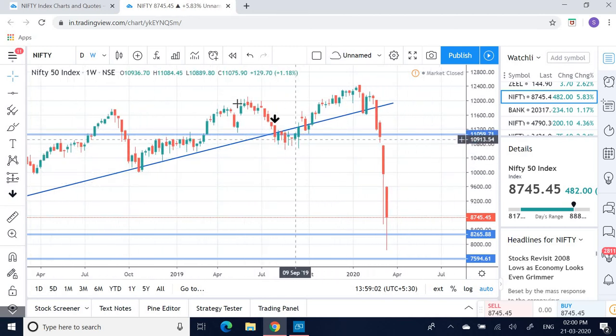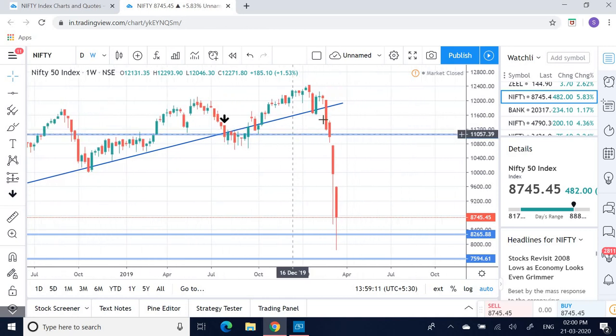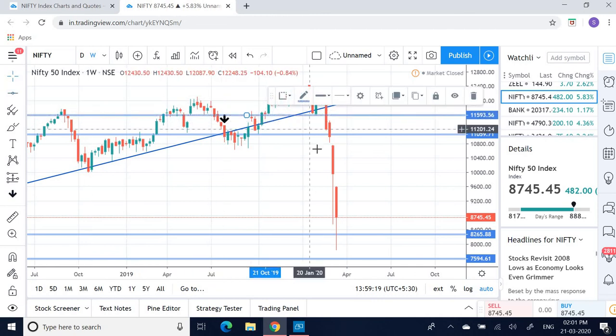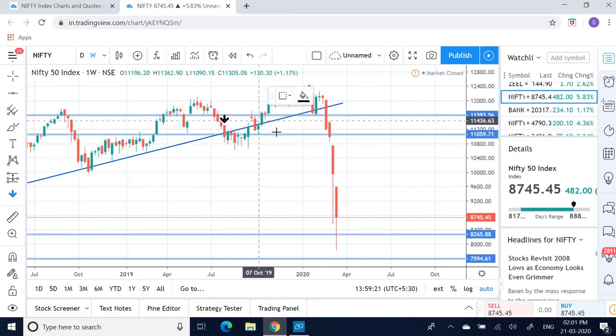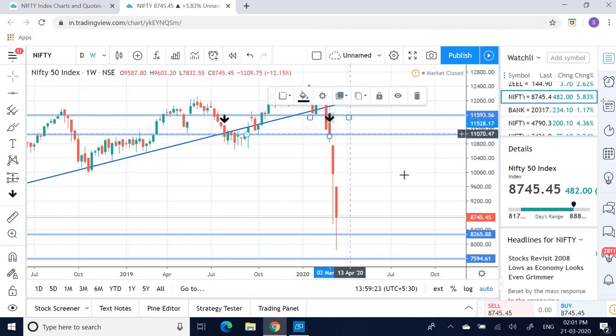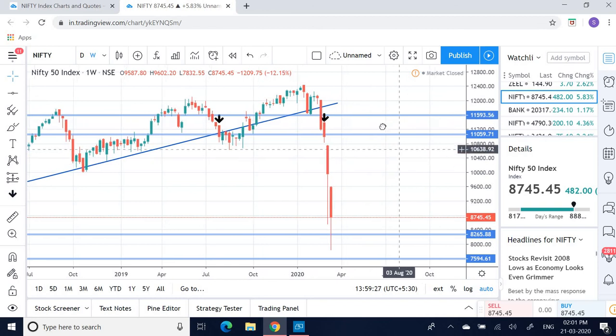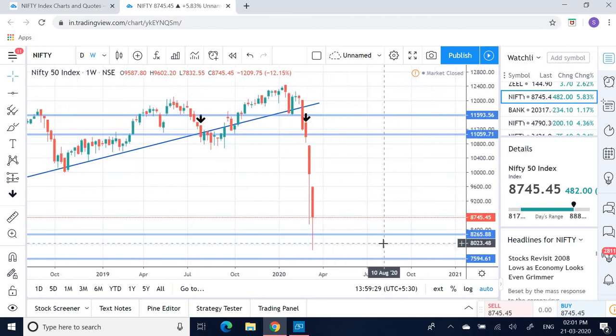And if you re-entered, for whatever reason, maybe following another trend line, and you re-entered over here, you are out of market over here again, right? You see, here at this point you should have been out. What, 11,500? And where we are today, we made lows of 8,000.